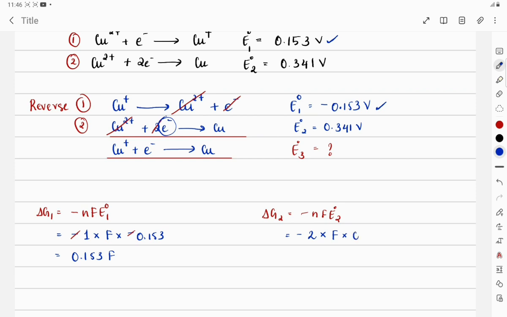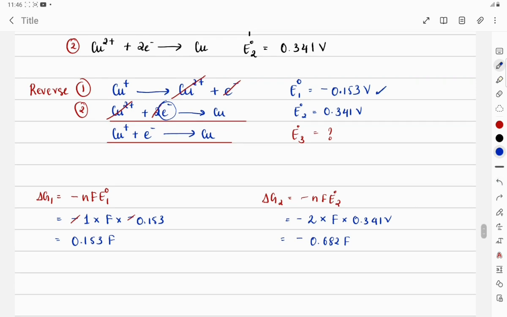So it is 0.341 volt. Now if you multiply them, you will have a negative value, and 2 into 0.341 will give 0.682. There should be an F here, F, not volt. The unit of delta G2 is not volt. So let's write it as it is.